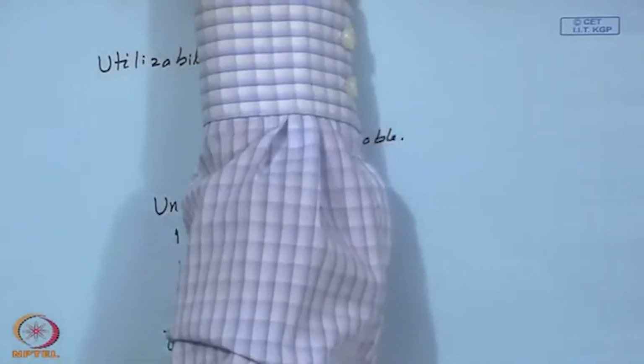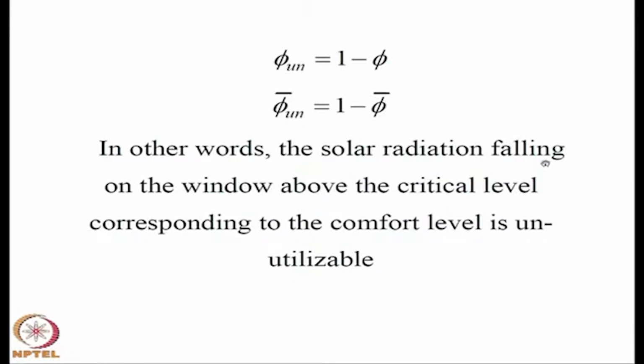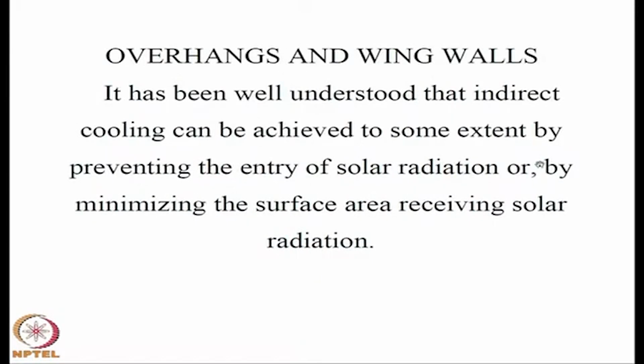And we know the methods to calculate phi or phi bar, monthly average or daily or hourly average. In that context, the solar radiation available to you above a particular critical level shall not be utilizable to heat the room, because it overheats beyond the comfort condition. The concept is the same, the methodology of calculating phi bar remains the same. However, that energy is not useful for contributing to heating the room, because it overheats.